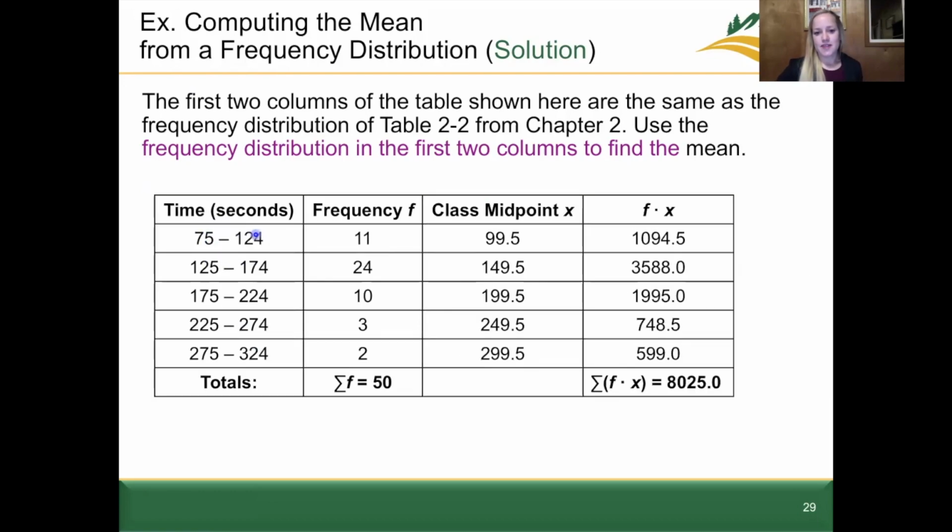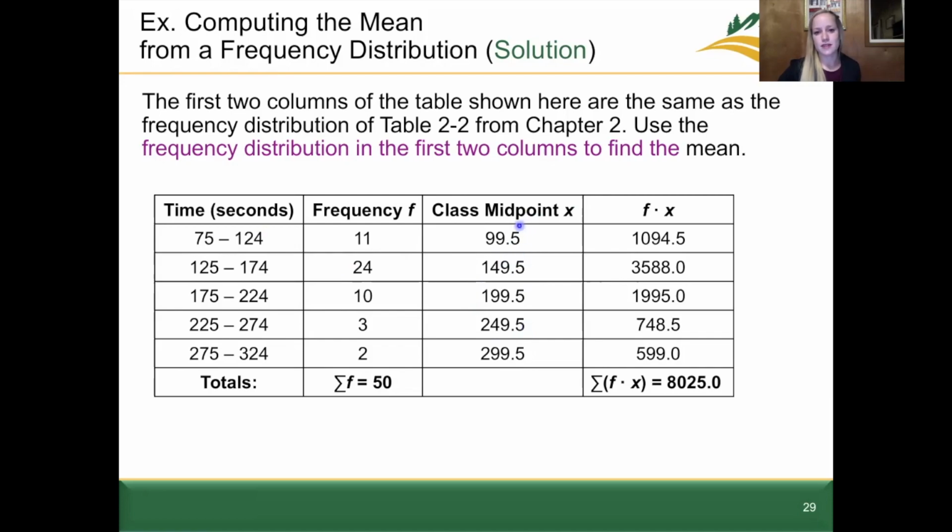So now here we have this third column with the class midpoint, or x, in our equation. We find the class midpoints by taking the lower class limit plus the upper class limit, dividing that sum by 2. So here are all of our class midpoints calculated: 99.5, 149.5, etc. Okay, so when you see a frequency distribution table and you're asked to find the mean, one of the very first things you want to do is calculate the class midpoint.